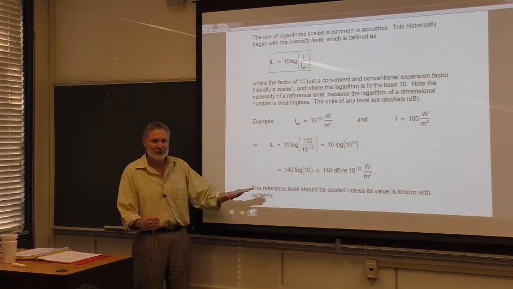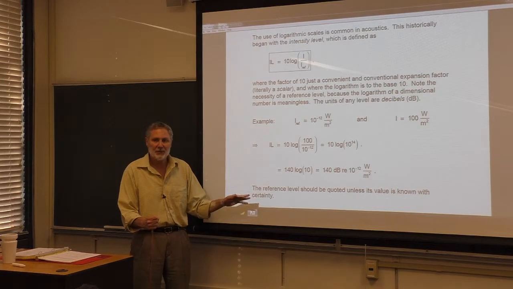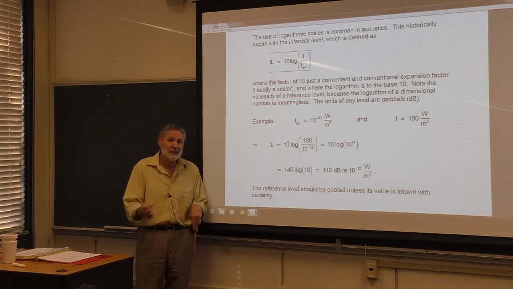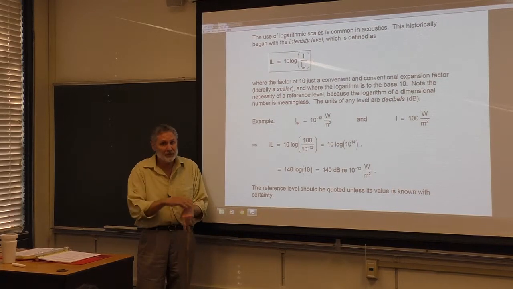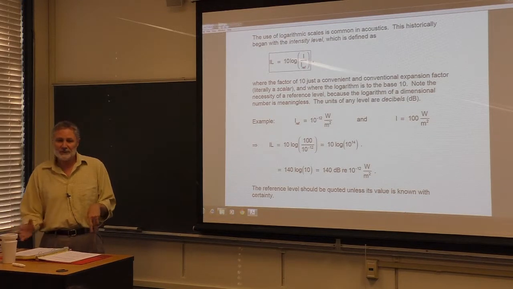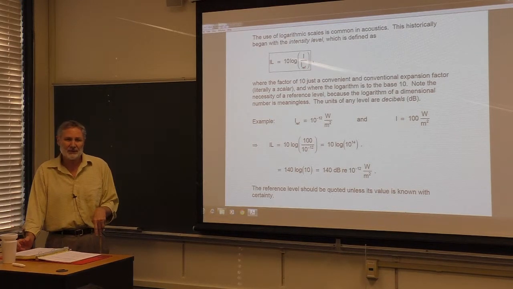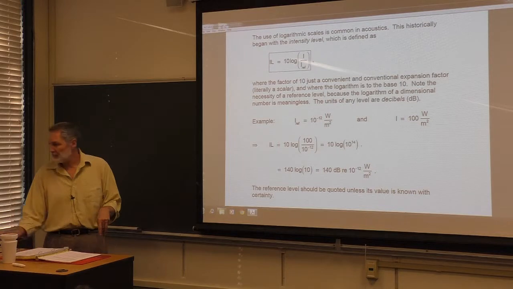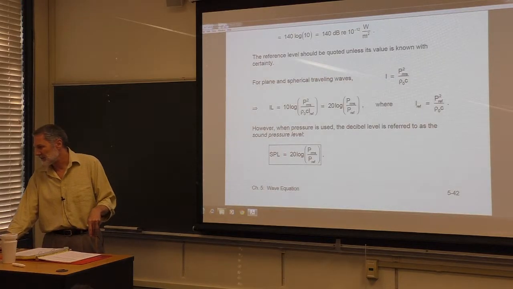You're just doing pressure, and the reference level is 20 micropascals. Very common for people to do that. But if you do get drawn into intensity, you want to realize that the two are not going to be exactly the same. Usually it doesn't matter. Usually people don't deal with precise decibel levels, although I'm sure there are people out there that do. But you just need to be aware of this slight little problem here.